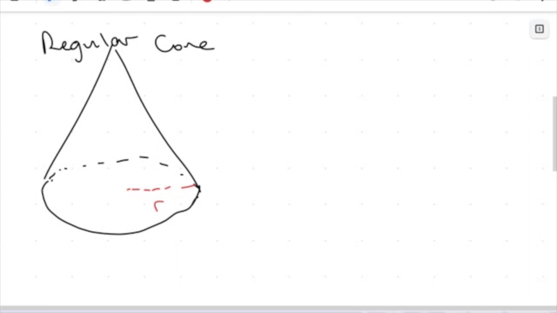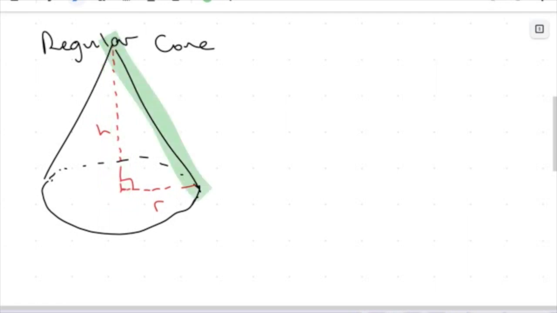And the way cones are constructed, right from the middle of this base, there stretches up a perpendicular height, which we call h here. You may notice that we have a perpendicular height going from the middle of the base circle to the top of the cone.